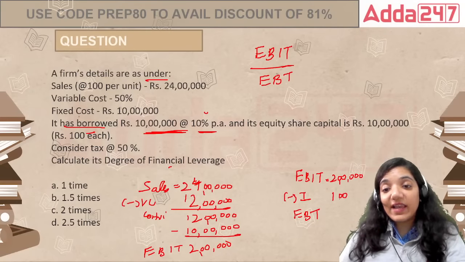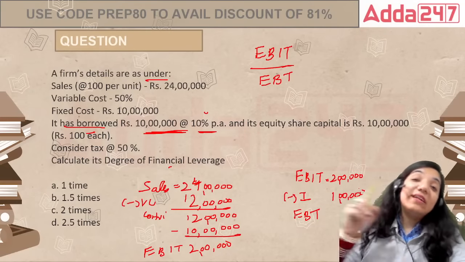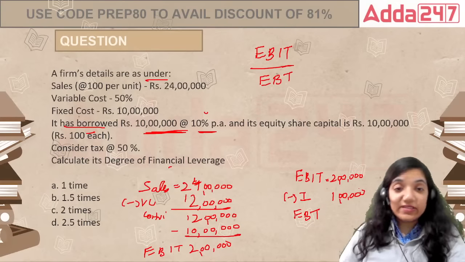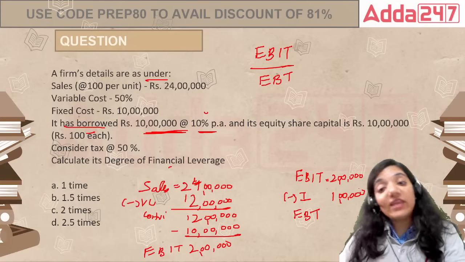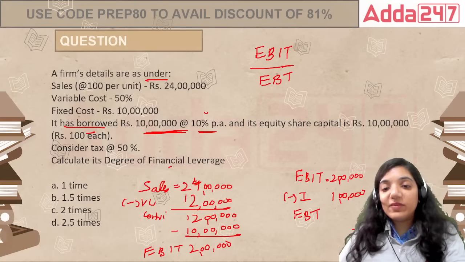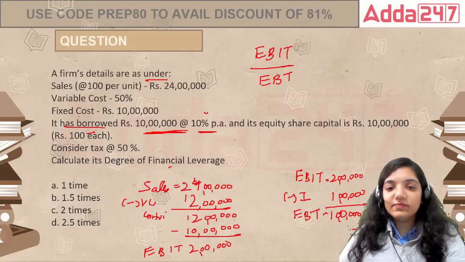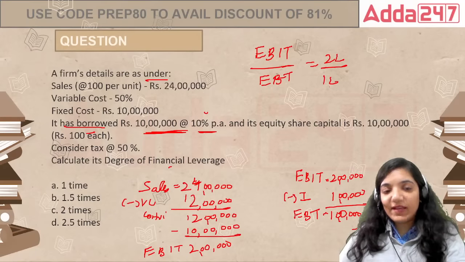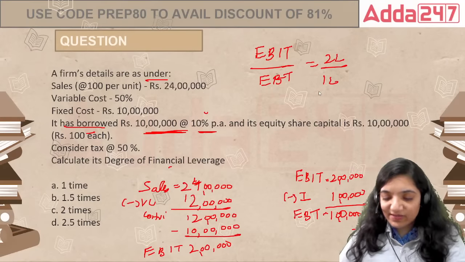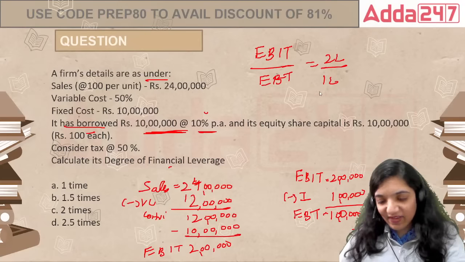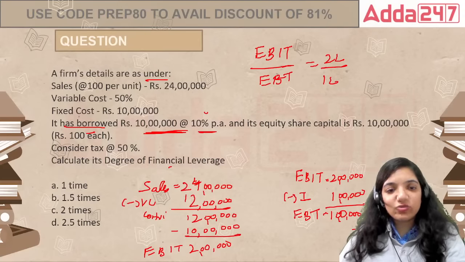Interest is 10% of 10 lakh rupees, which is 1 lakh rupees. So it's going to be 2 lakh divided by 1 lakh. So the answer would be what? Correct, Sridhar sir. Very good. The correct answer is 2 times.